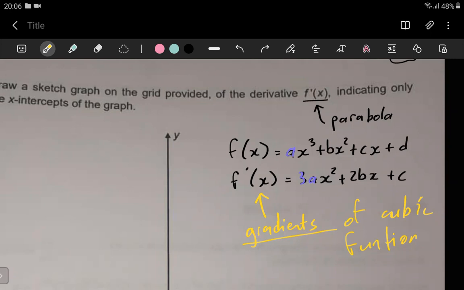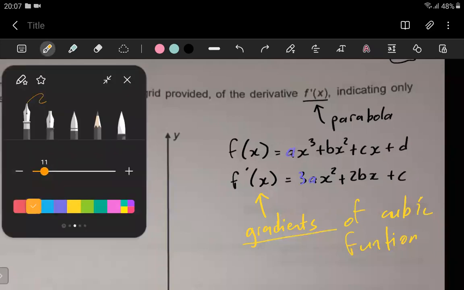With that being said, what you need to remember about what we're doing now is that this equation will be giving us gradients of our cubic function, yes, but if you are to sketch this graph, technically those gradients will be representing y values of our parabola.